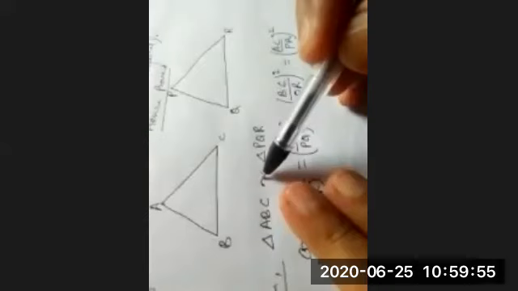One thing, if you set aside the area and just think about similarity of two triangles, then you can say AB by PQ will be equal to BC by QR equal to AC by PR. Yes or not? If two triangles are similar, then the corresponding sides are in this equal ratio.